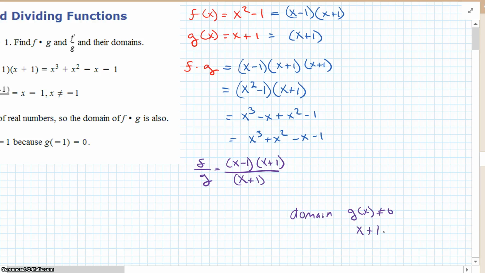So x plus 1 cannot equal 0. So x cannot equal negative 1. So let's go ahead and multiply and solve. The function f over g is x minus 1 with the restriction that x cannot equal negative 1.